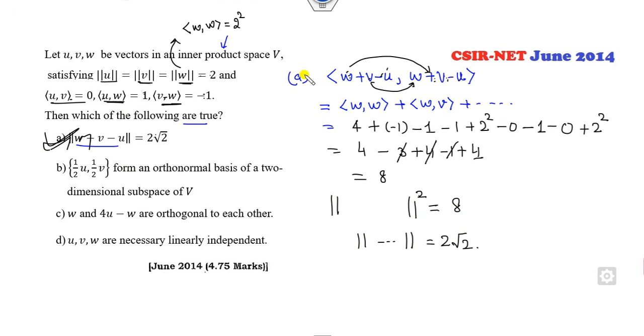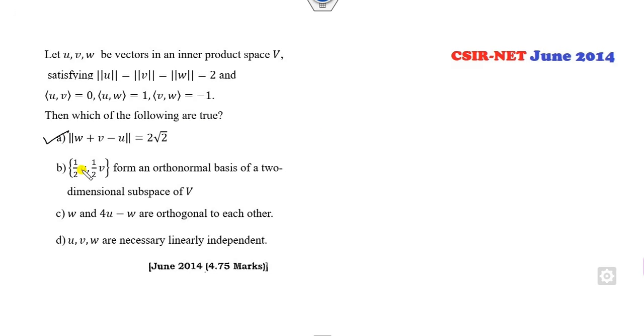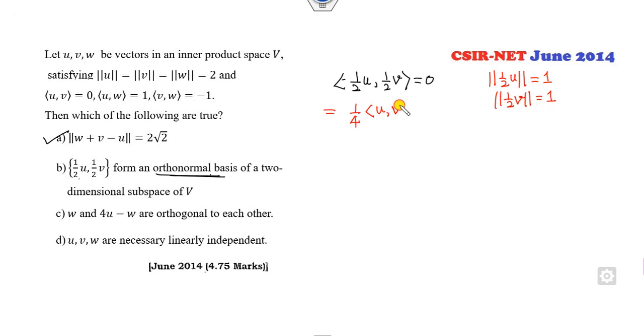It is satisfied. Now look at the second option. I can clear this screen. So the first option is correct. They are orthonormal. So your target is to prove the dot product of this will be 0 and the norm of this is 1, the norm of this is 1. So firstly I can take 1 by 4 as common, u comma v. What is u comma v? It is 0. So this is satisfied.